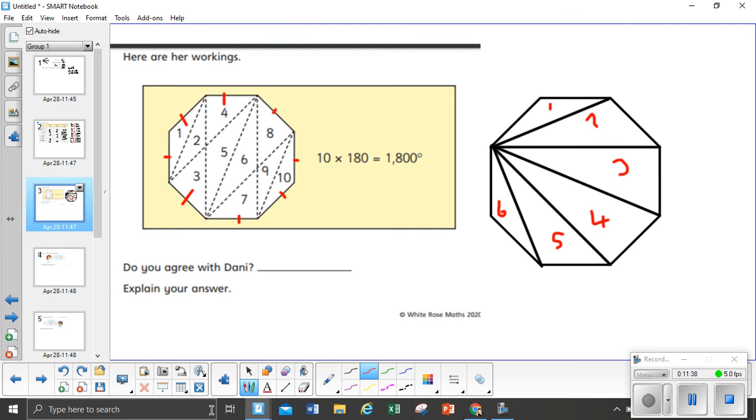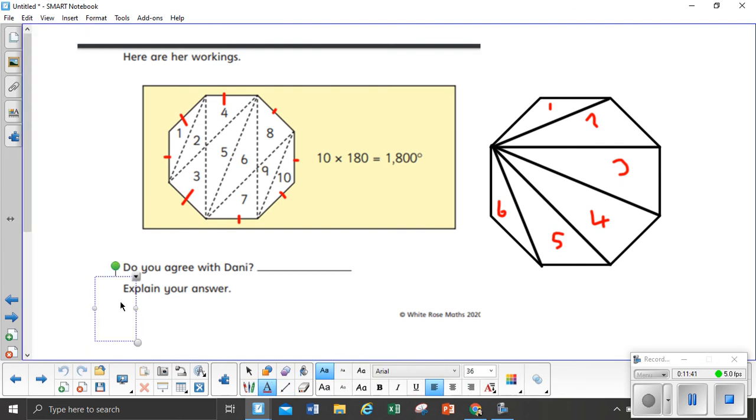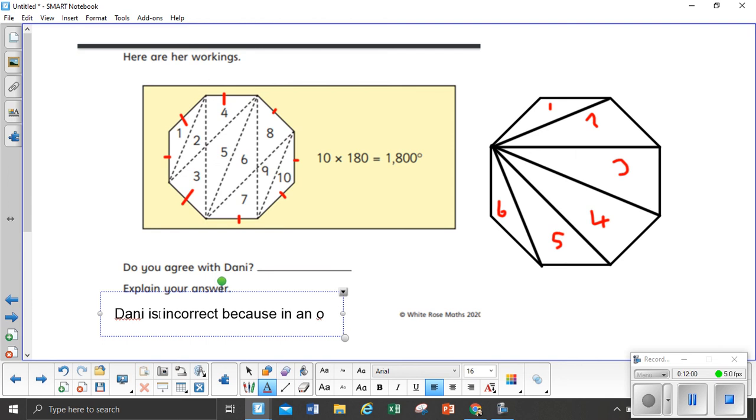Okay, so Danny is, oh, it's huge font again. Danny is incorrect because in an octagon there are 6 triangles. 6 times 180.